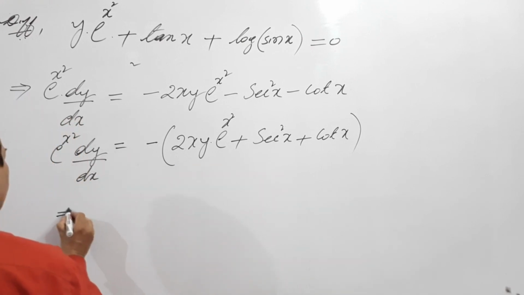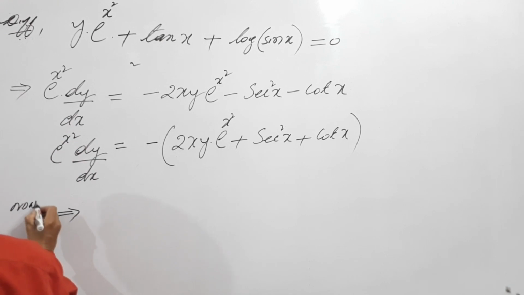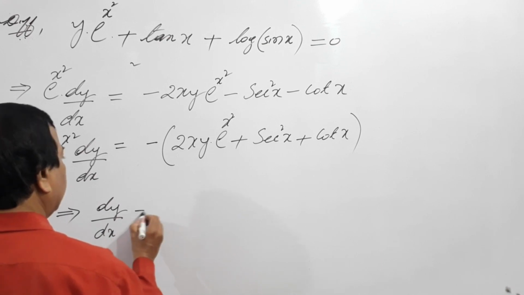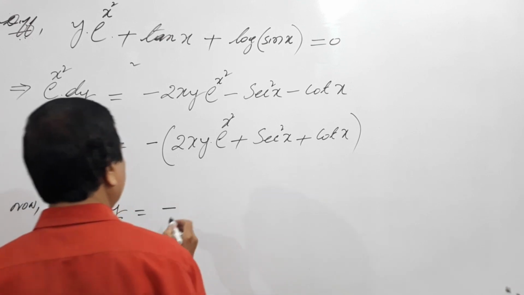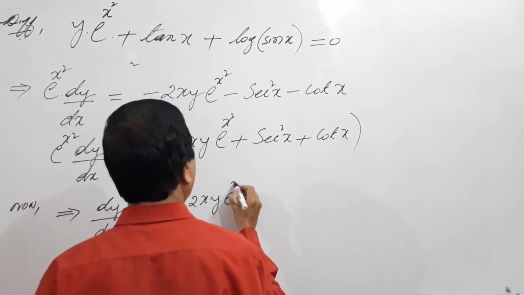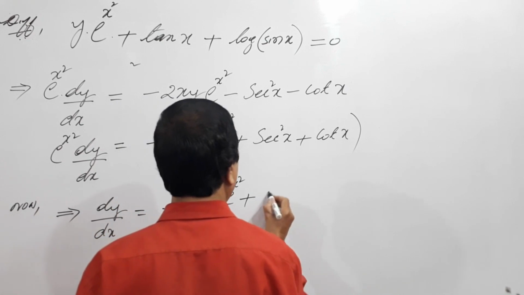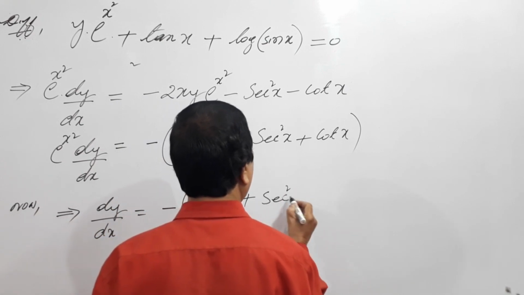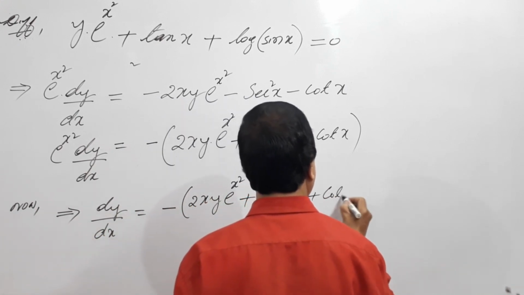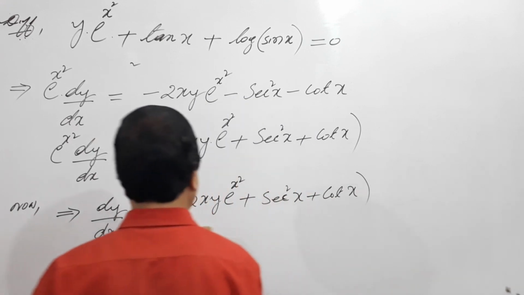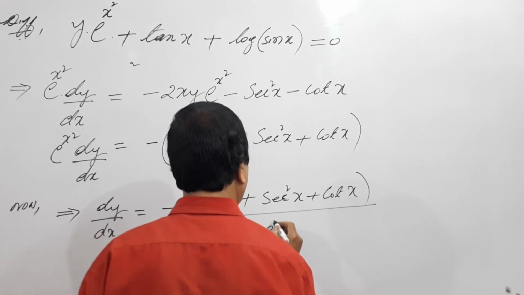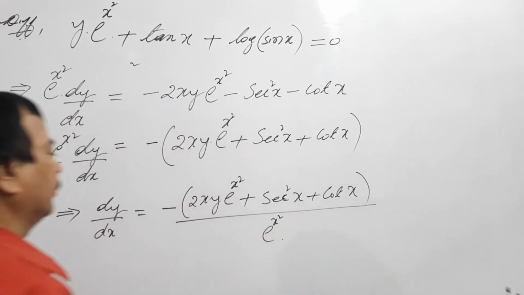So now dy by dx equals to minus 2xy e to the power of x square plus secant square x plus cot x divided by e to the power of x square.